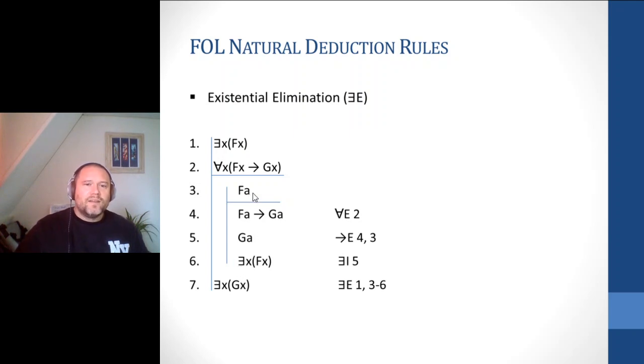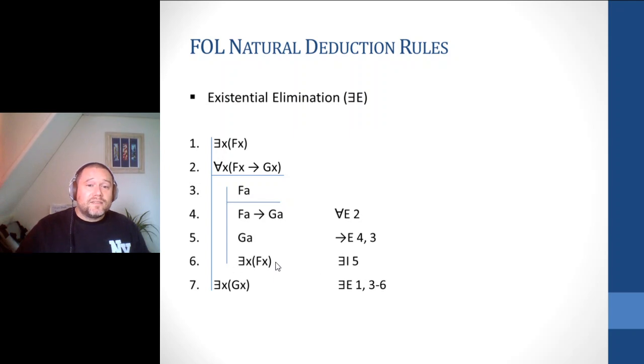A is some arbitrary name we've introduced as a substitution instance for our existential because we want to get out some result. So we introduce A, and of course, if A is an F, well, we can use A here, so we can eliminate this universal and substitute A in place of our variables, and get if FA, then GA. And cool, now we've got this conditional and the antecedent, so we can derive the consequent. This should be a G, this shouldn't be an F. So, right, we can now get GA, and what we can do now is existential introduction, and we should get there exists an X, and again a GX through existential introduction.